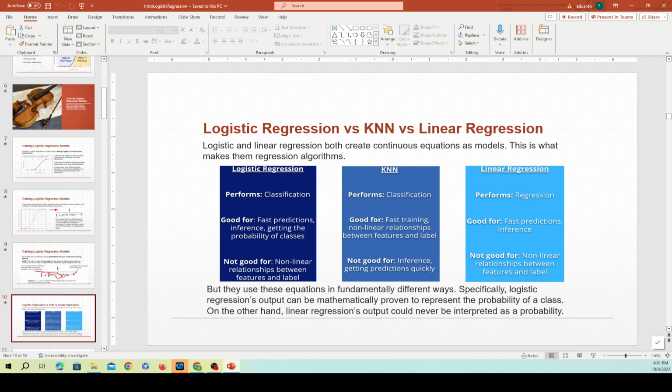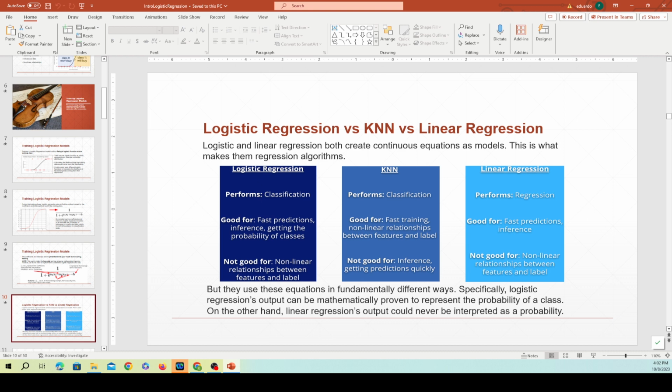Linear regression performs regression predictions, and can do fast precision inference. Not good for nonlinear relationships between features and labels. But they use these equations in fundamentally different ways. Specifically, logistic regression's output can be mathematically proven to represent the probability of a class. On the other hand, linear regression's output could never be interpreted as a probability.